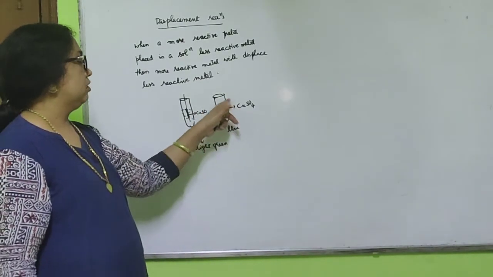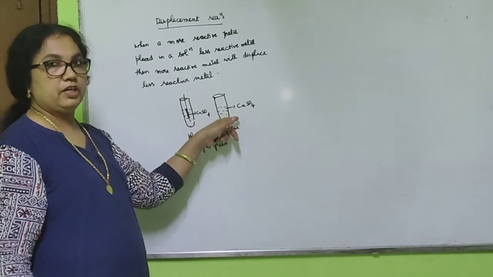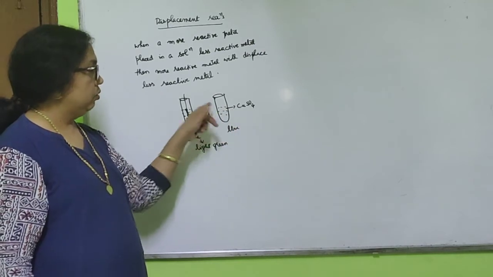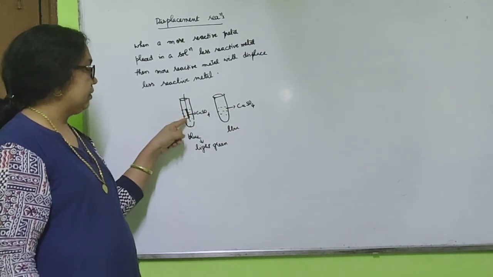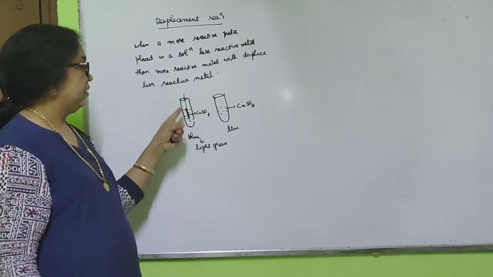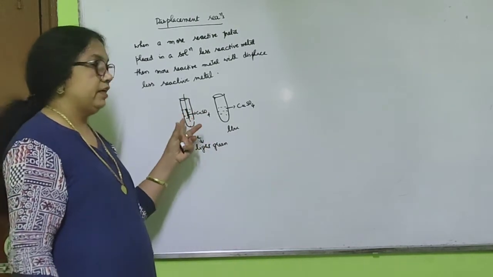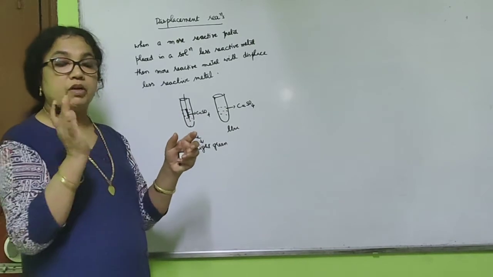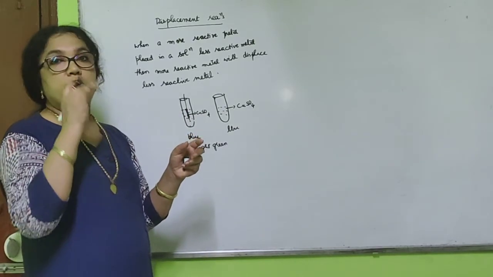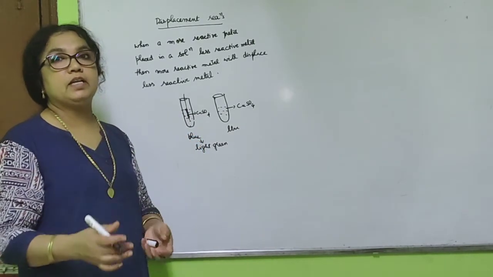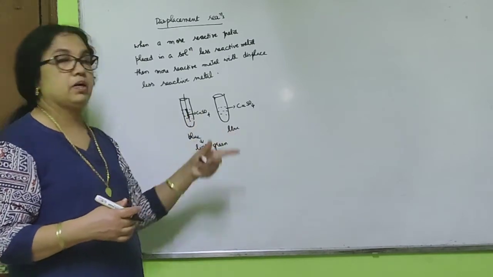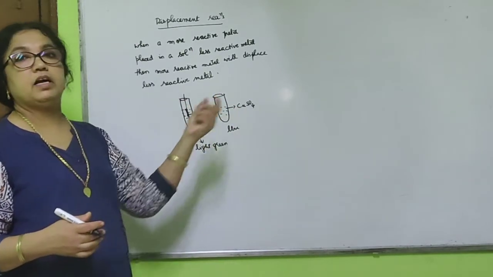This is to understand the color change. After some time, the iron nail's outer covering is covered with brownish color. Brownish color means copper metal gets displaced, and in that place iron came.